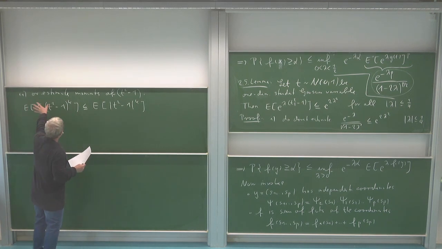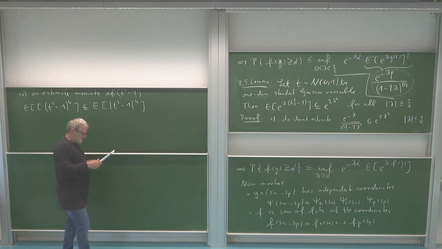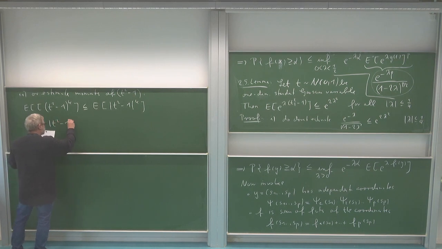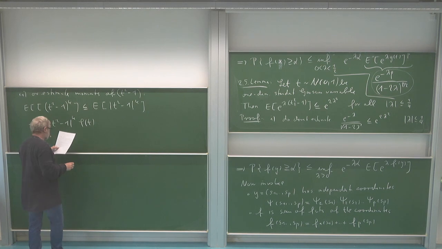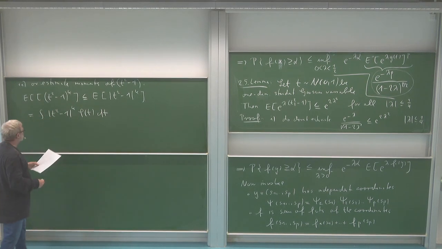This number is less than its absolute value, and I can bring in the absolute value in the integral. So what I have here is now the integral over t squared minus 1 to the power k, integrated with respect to the density of the Gauss distribution. So that's what I have to see.